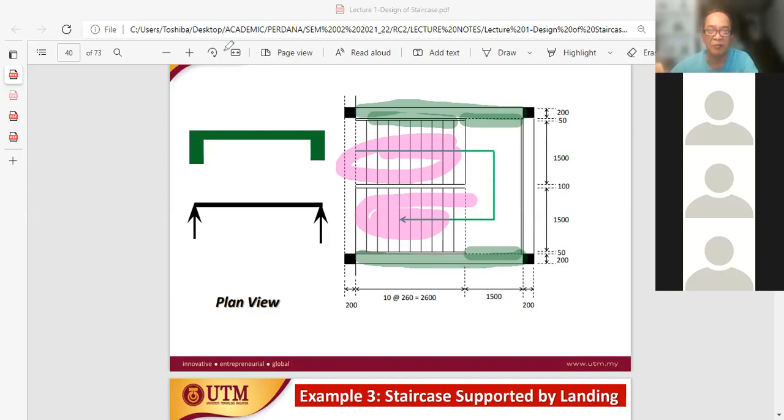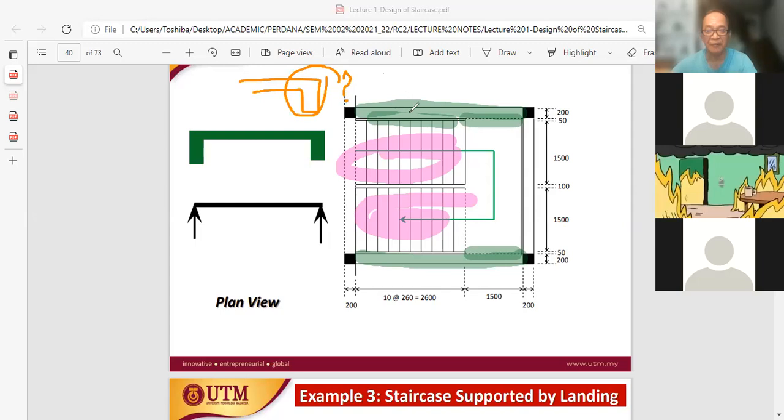Example number 2 is where we had landing, kemudian beam kat hujung sini. Now, nowhere in the solution did we design this beam. Kita tak design pun rasuk ni. Tapi in actual fact, we still need to design the beam.